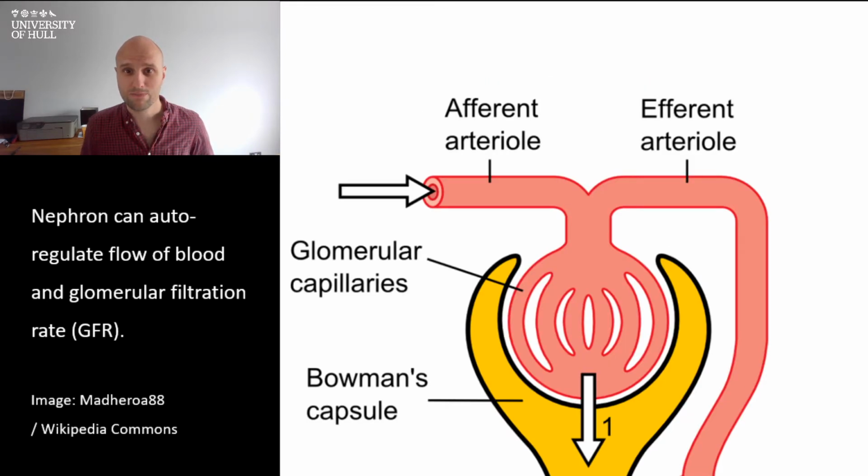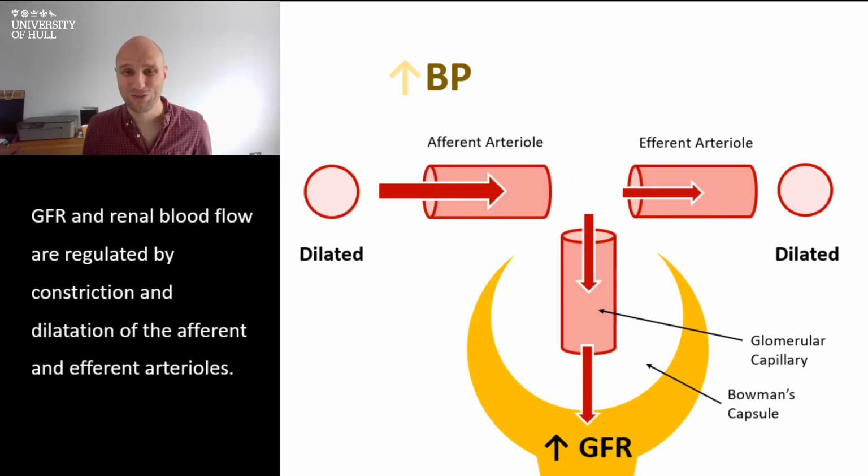Now we're going to zoom in a little bit, and this is really where the nephron is able to autoregulate, so it can manage the flow of blood through the capillary bed within the glomerulus and through the capillaries that wrap around the nephron, that are engaged in that movement of solutes and water back and forth. I've done a PowerPoint diagram to explain exactly how that works.